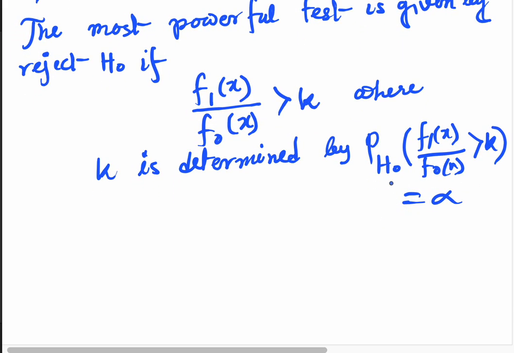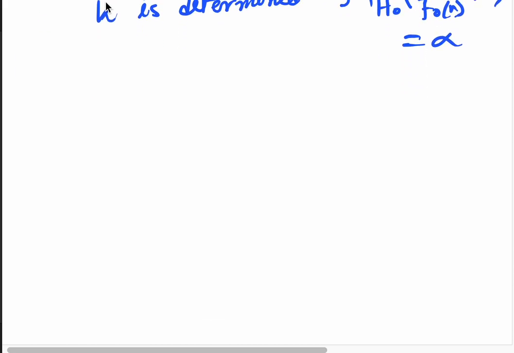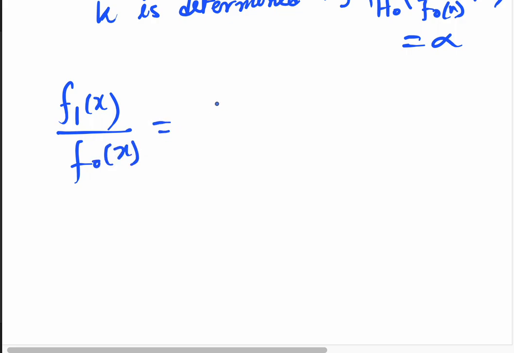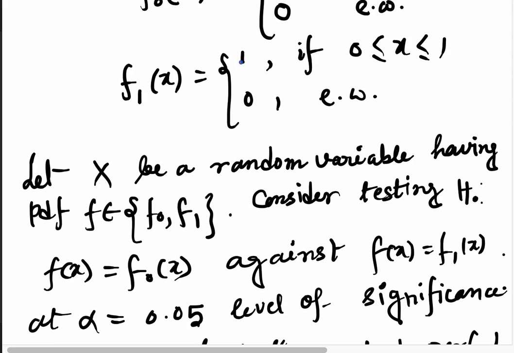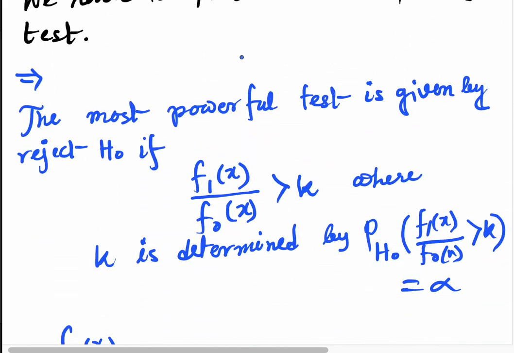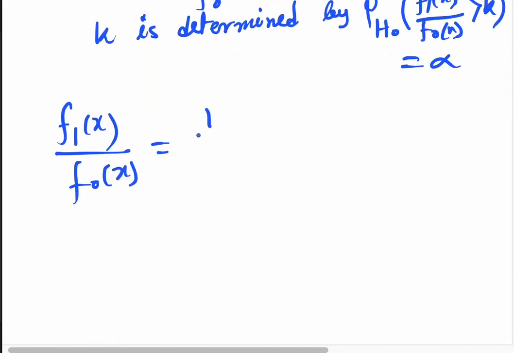So let's see what f1(x)/f0(x) is. f1(x) is 1 and f0(x) is 2x, so this will be 1/(2x) for the region 0 to 1.